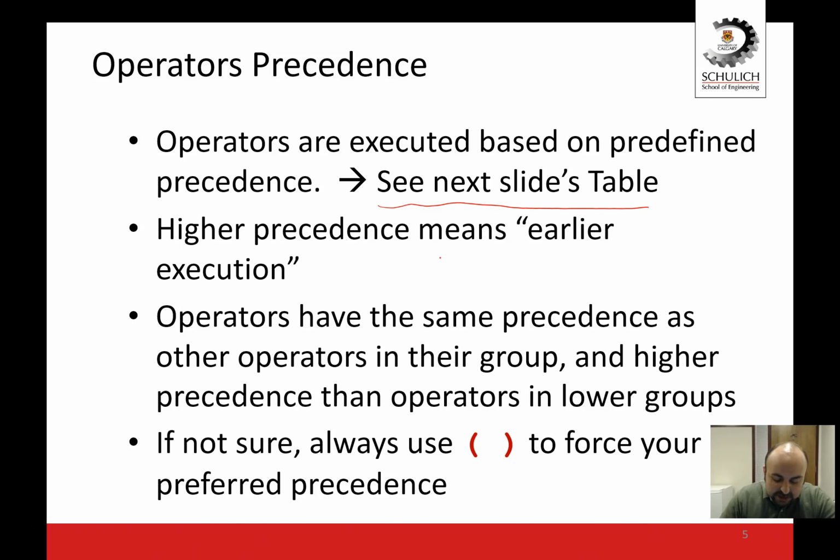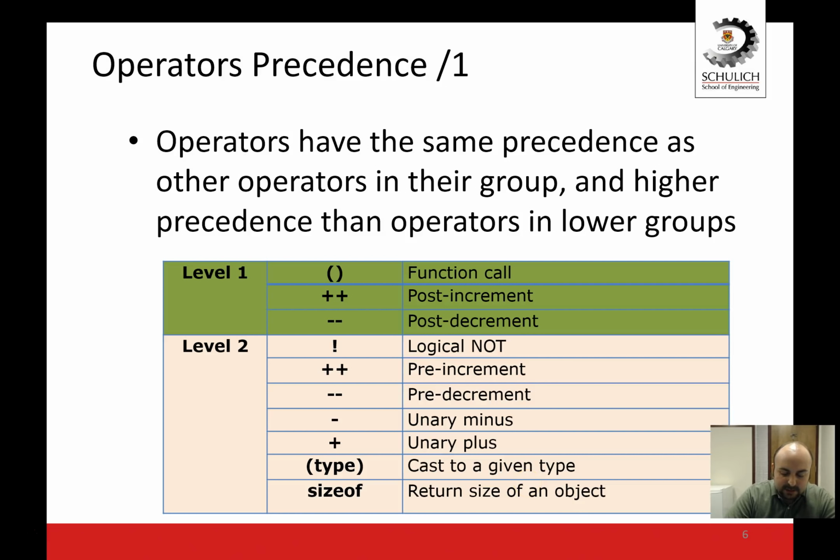Operators have the same precedence as the other operators in their group, in the table that I'll show you, and higher precedence than the operators in the lower groups. And if you're not sure what the precedence is, and you don't want to look it up, you could always just use parentheses. So let's have a look at the table quickly. A lot of these we haven't done, but it's a comprehensive table.